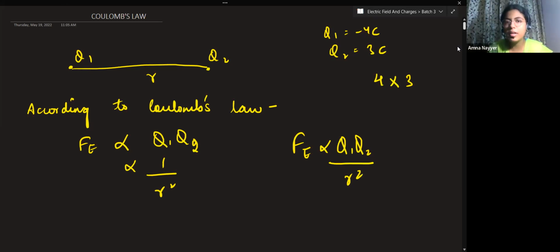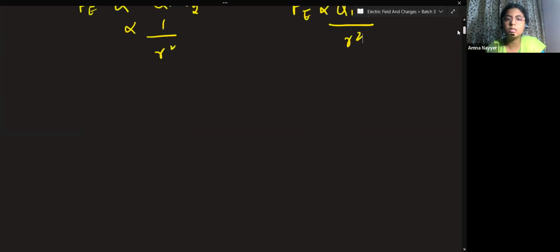Now, whenever we have a proportionality sign, it gets removed with the help of a constant. The constant that is used in Coulomb's law, we represent through K. So F is equal to K Q1 Q2 divided by R square.